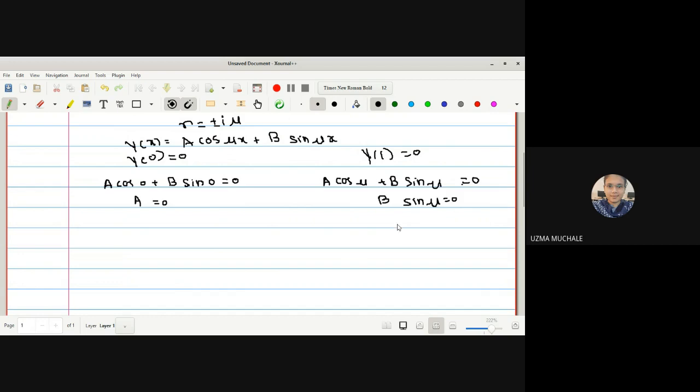So B is also 0, which means that after putting in the above equation we get y of x is equal to 0, a trivial solution, and hence we can find out the Green's function.